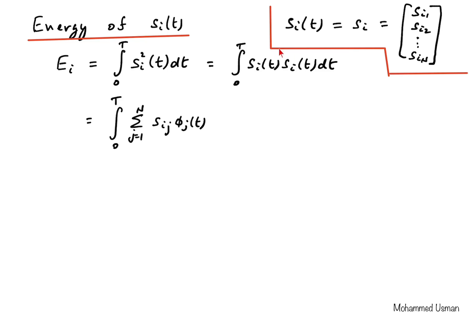Similarly, the second Si of t, which is multiplying there, will be another summation. Because we have used the variable j going from 1 to n, rather than using the same variable, we'll use a different variable. So we'll call it k equals 1 to n, and it will be Sik into phi k of t dt.